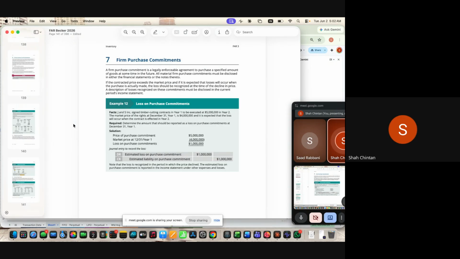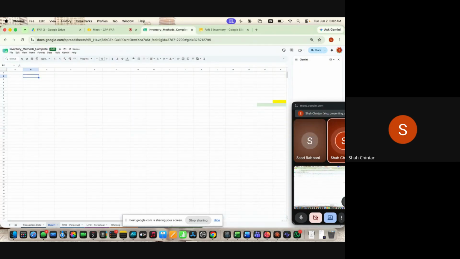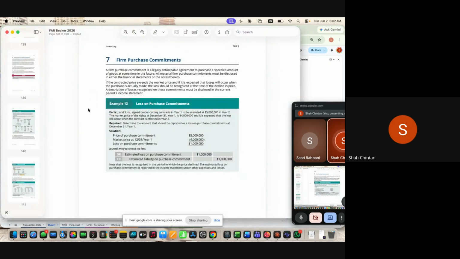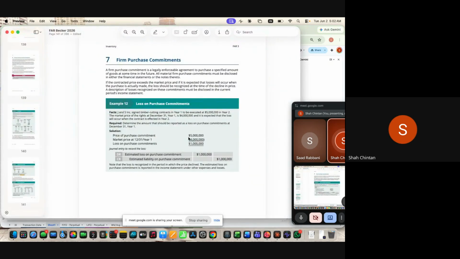So what is the entry going to be for this particular case? At year one, you have a commitment that you will pay 5 million in year two. You have not done an actual expense yet. So generally on day one, there is no entry. Now let's say there is a reporting date on day 365, which is the balance sheet date, and you anticipate that there will be a 1 million loss in future.